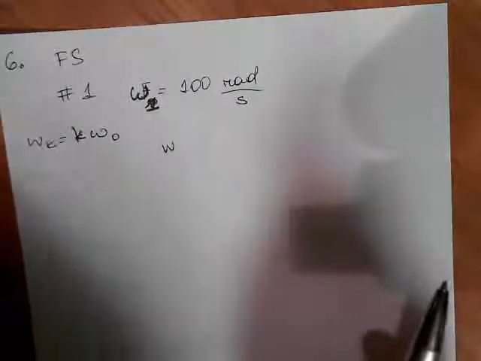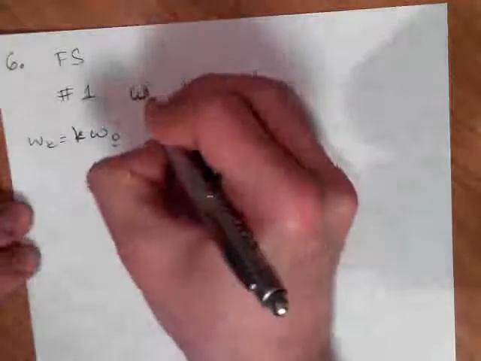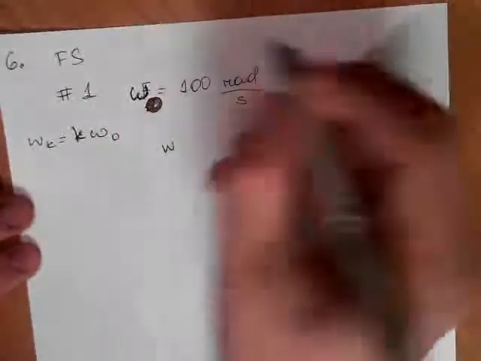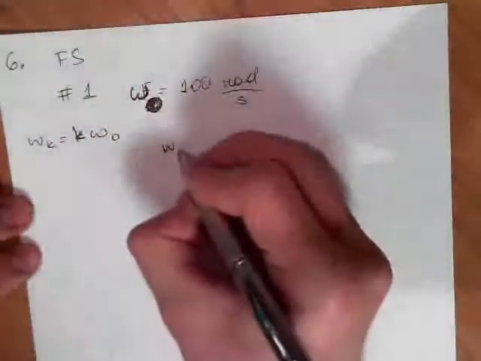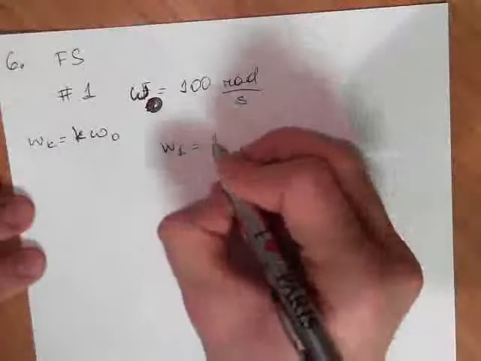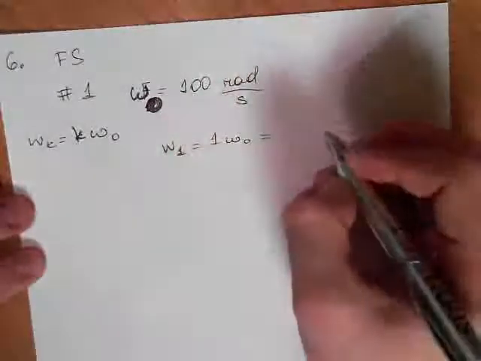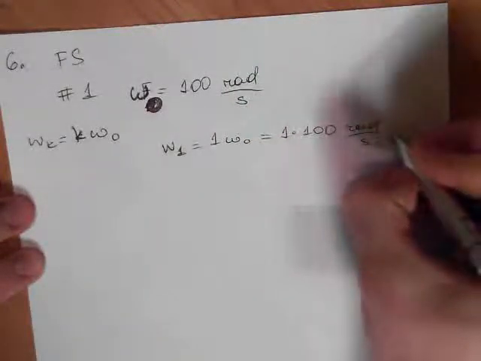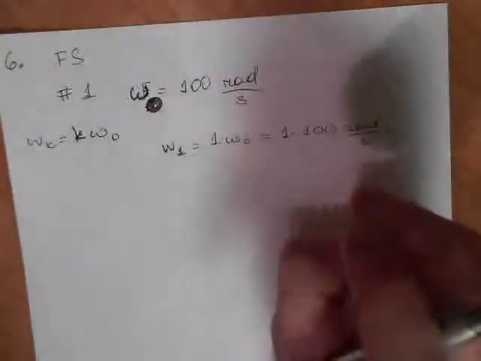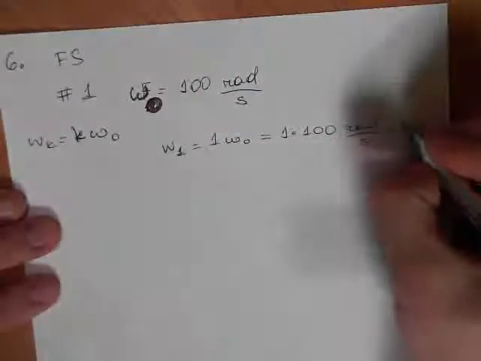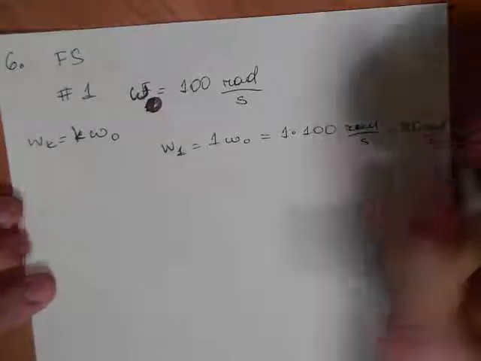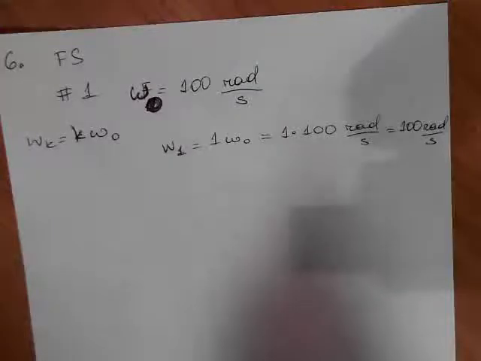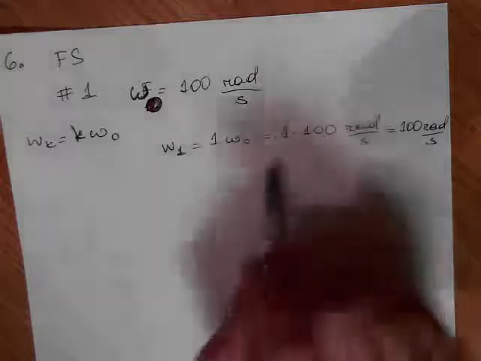Sorry, this is omega 0. So k omega 0. So omega 1 is 1 times omega 0, and it is 1 times 100 radians per second. So it is 100 radians per second. There's actually no trick here.